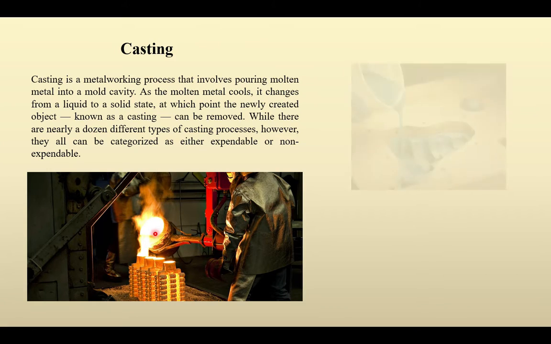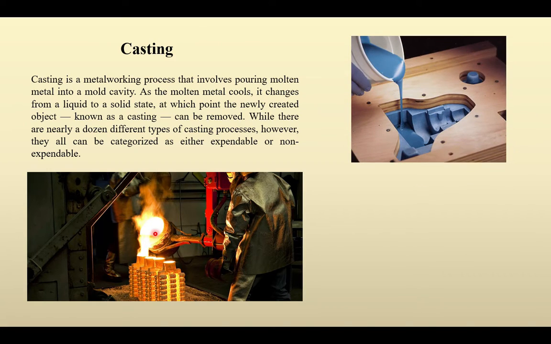In another case, the material is not in a molten state but in a liquid stage, and we are going to fill this gap. It is non-metallic, maybe plastic, polyester or rubber. We pour it and get the shape.